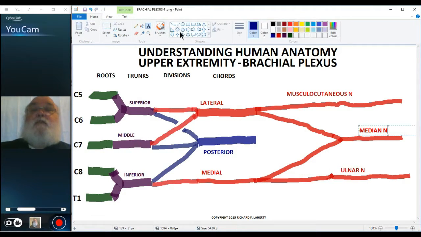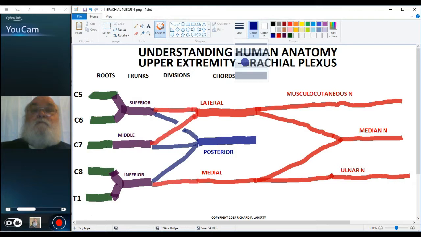Now, if we look at the posterior cord, it divides into two to form two terminal nerves, but it's a very uneven division. So I'm just going to make one very large, the same size as the cord, and then the other one branching off like so.